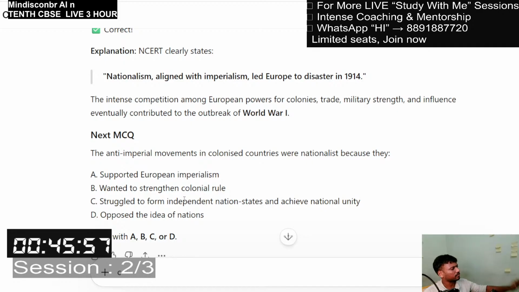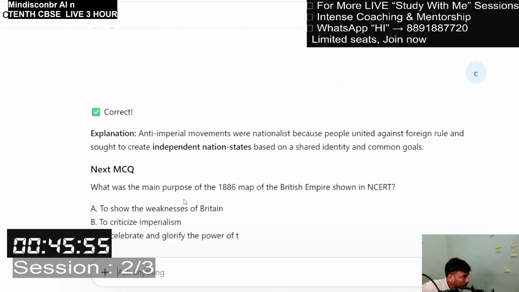C. Explanation: Anti-imperial movements were nationalist because people united against foreign rule and sought to create independent nation states based on the shared identity and common goals.